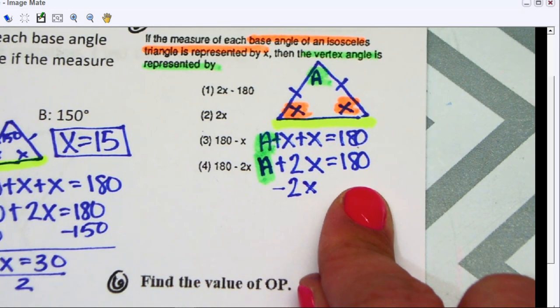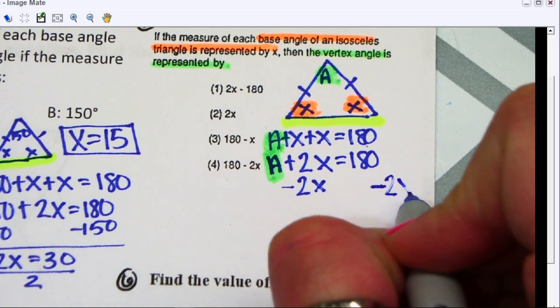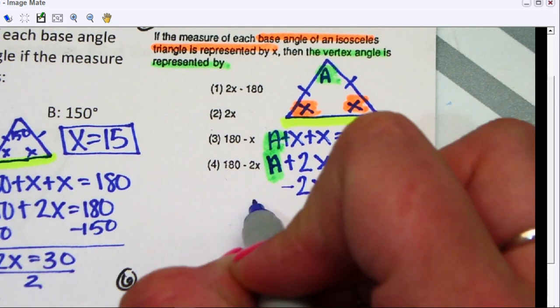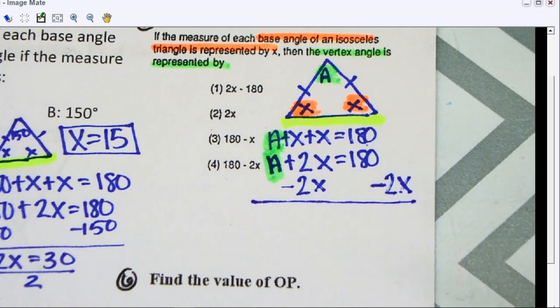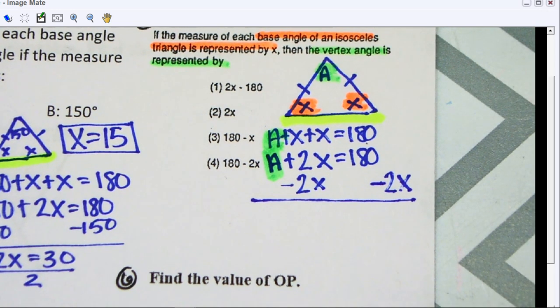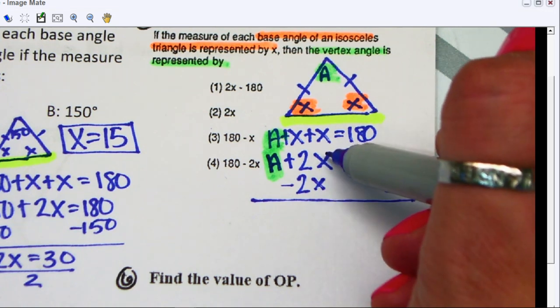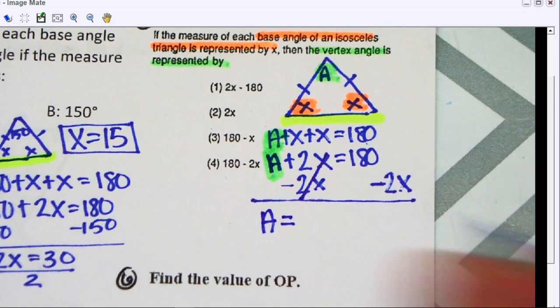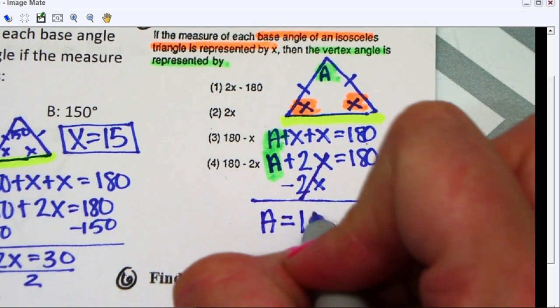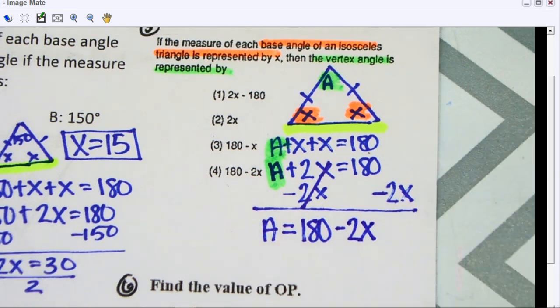So I'm going to put it off to the side. Remember, like we used to do that with slope-intercept form? We couldn't combine. What happens if the 2X is over on the left? They cancel. And I'm left with A equals what? 180 what? Good job. 2X. Yes, 2X.